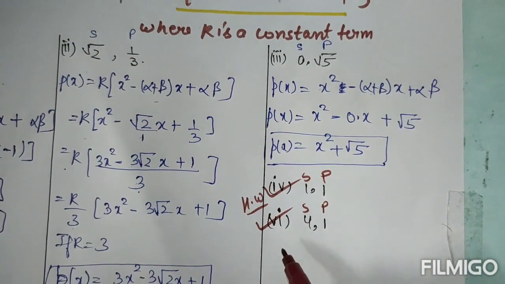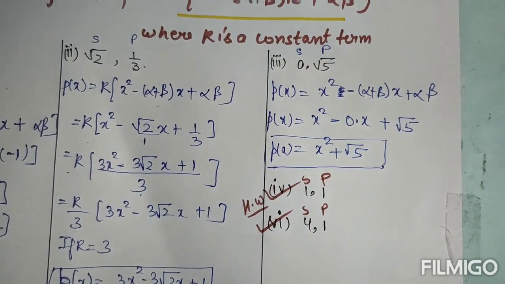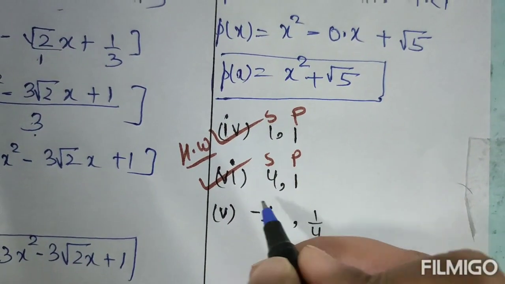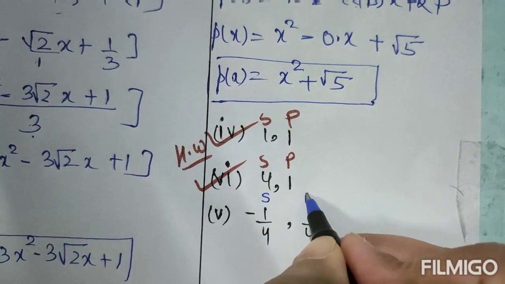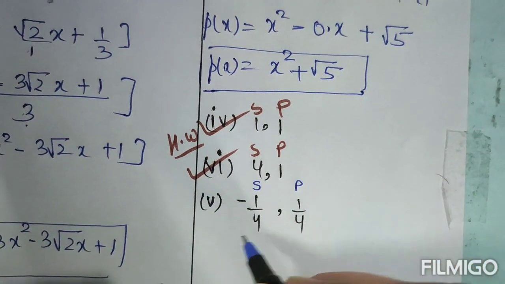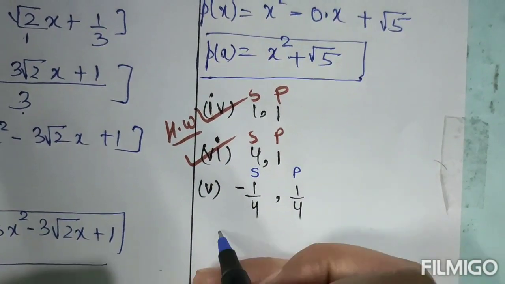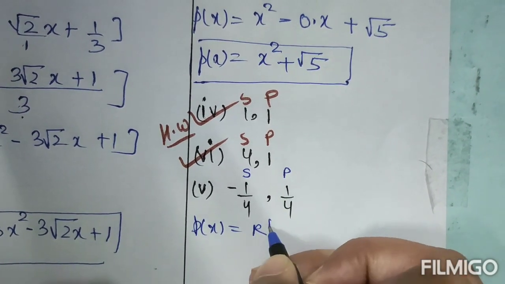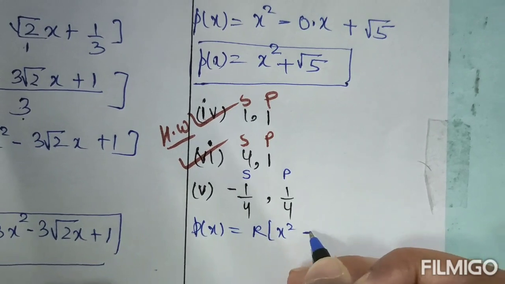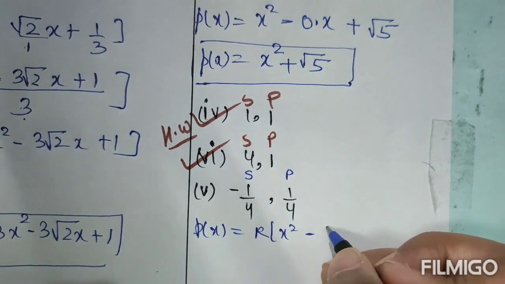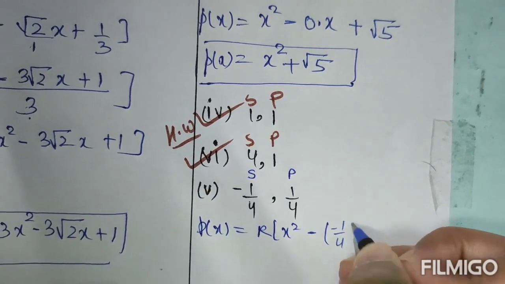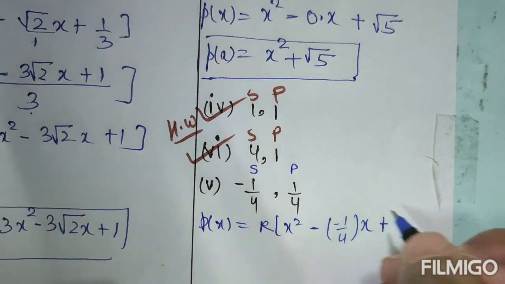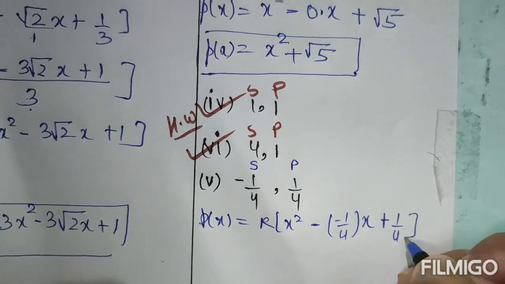Now I am going to solve part 5. Now the 5th part is, this is the sum, this is the product. Clear? Now you know the formula. I am directly putting it. p(x) will be equal to k times x square minus sum of the zeros, that is minus 1 by 4, into x plus product of the zeros, that is 1 by 4.